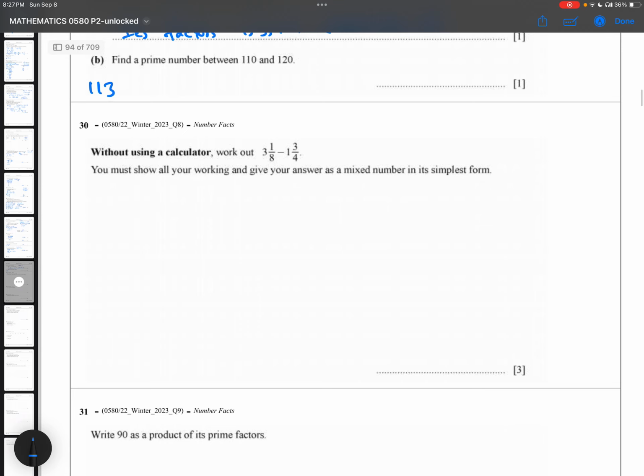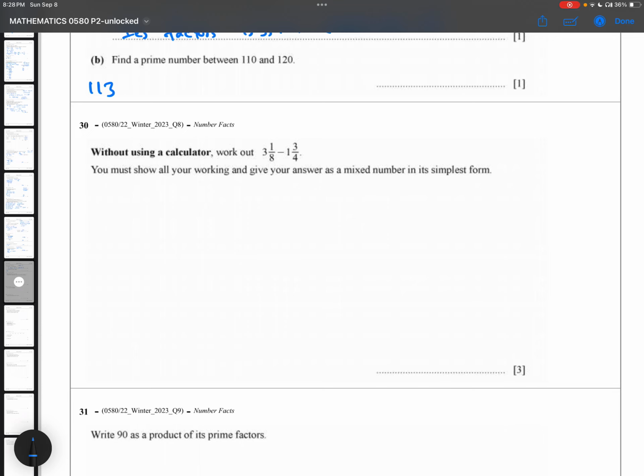Now in question number 30, it says, without using a calculator, work out 3 whole 1 upon 8 minus 1 whole 3 upon 4. You must show all your working and give your answer as a mixed number in its simplest form.